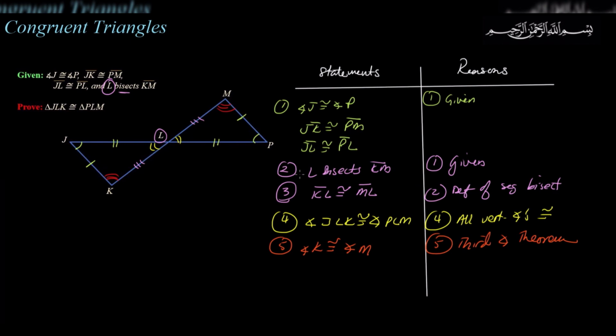Okay, so we got our three sides, we got the three angles congruent, and then we can say step number 6 that triangle JLK is congruent to triangle PLM, and that's because of definition of congruent triangles. Ta-da! So that wasn't so bad.